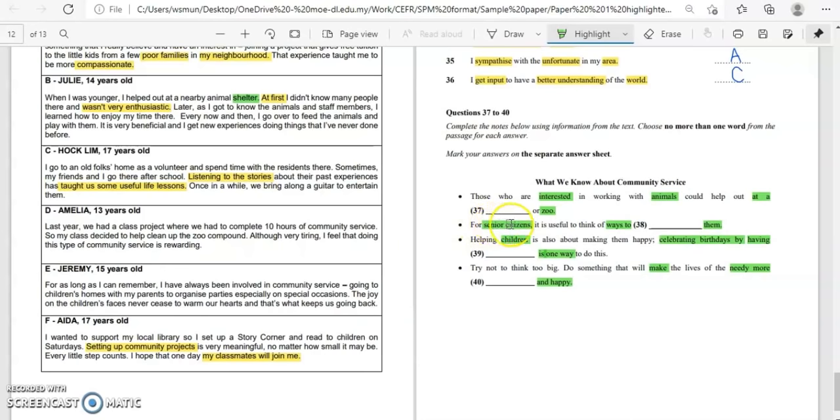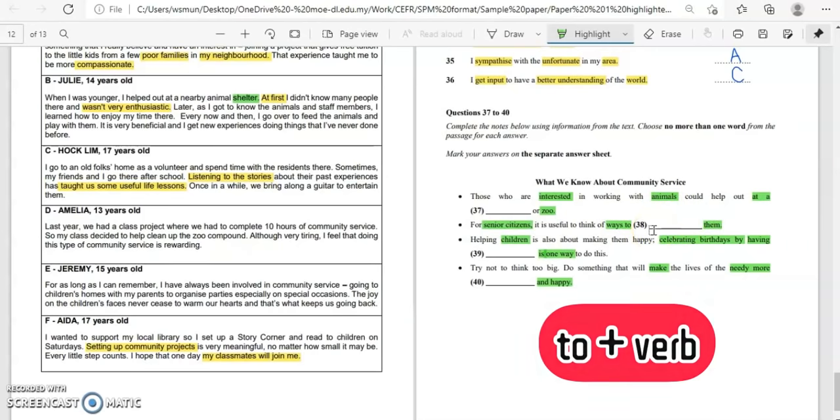I have highlighted senior citizens, ways to them. So you notice that the phrases before the gap and after the gap are often important, so you need to highlight them, especially the preposition. For example, in this sentence, the preposition is to. When you have the word to, you know that this blank is supposed to be a verb.